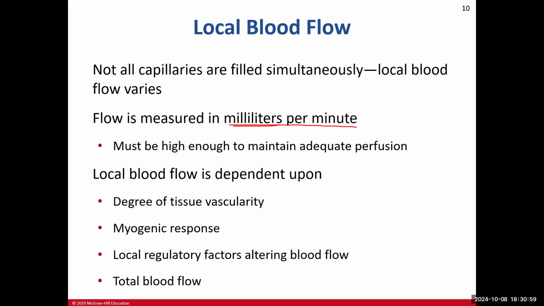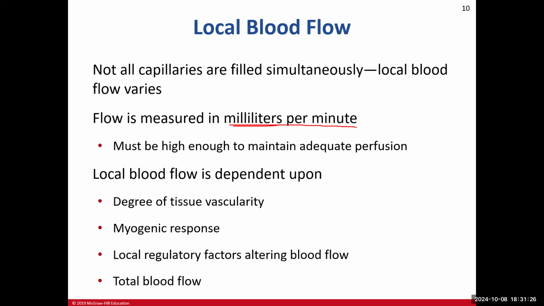A specific amount of tissue is going to be perfused, or have blood flowing to it, over a specific time. A certain volume of blood is going to go to a specific area of tissue over a specific period of time, which is going to be 1 minute. We always like to do 1 minute. So that's pretty much what we're going to be looking at here.